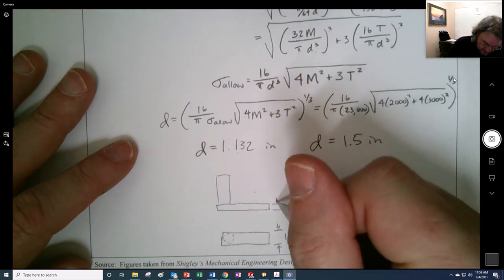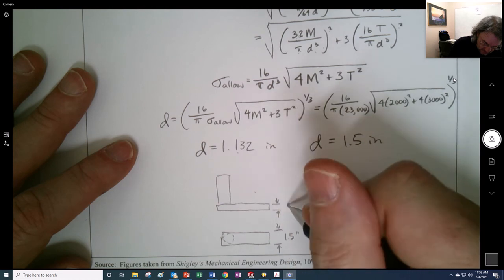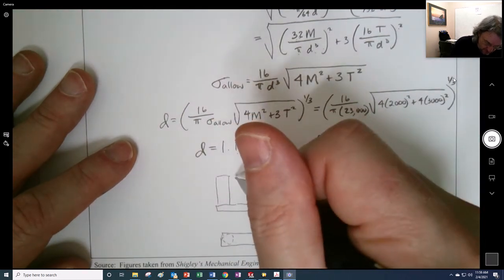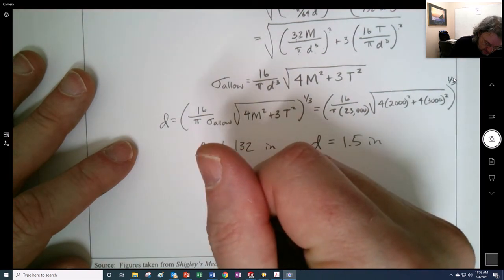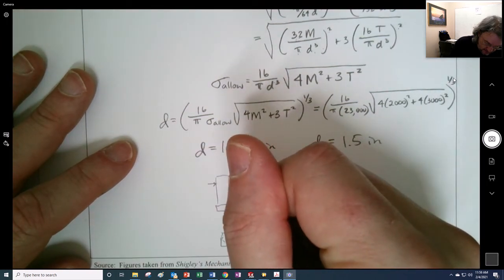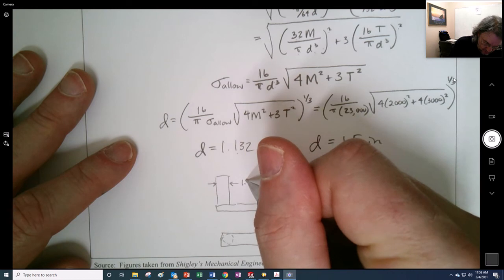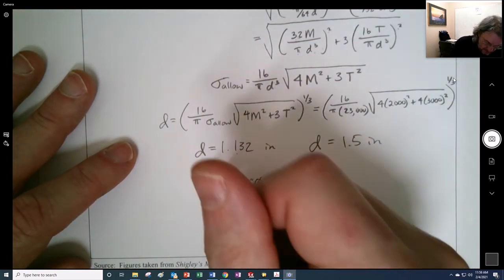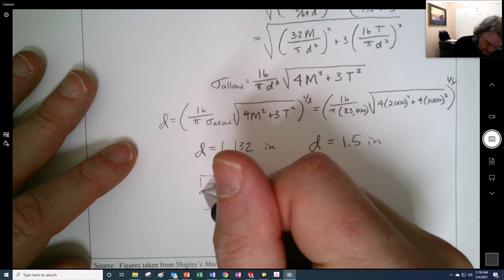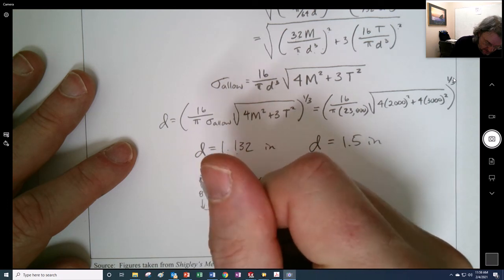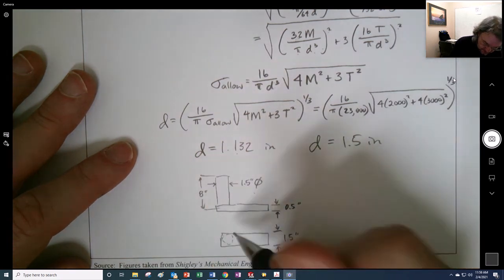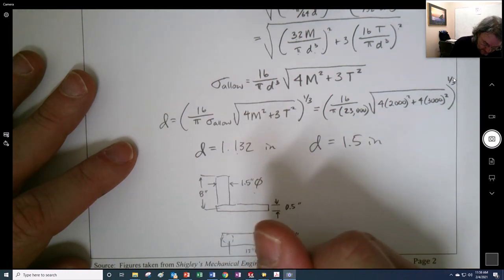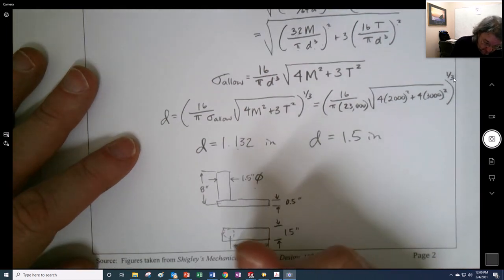This right here is our 0.5 inches. This I will put right here as 1.5 inches diameter. We still need these other dimensions, where this is 8 inches to there, and this is 12 inches right in there, right?